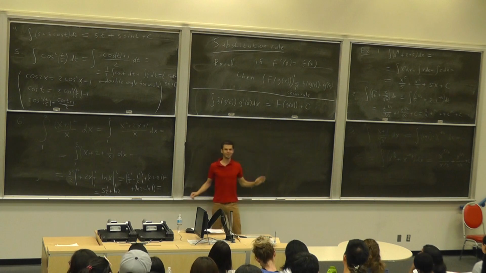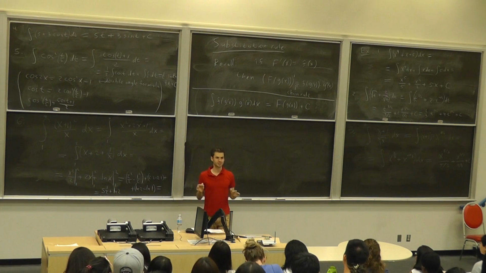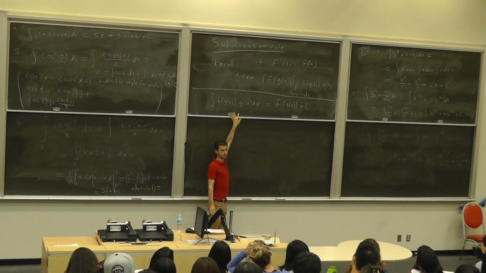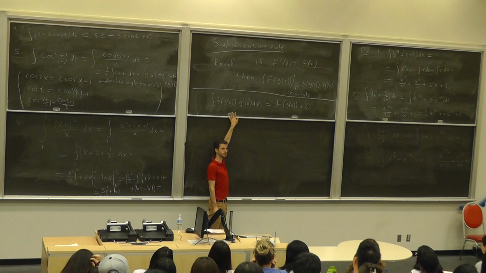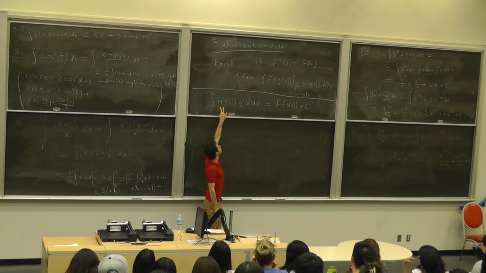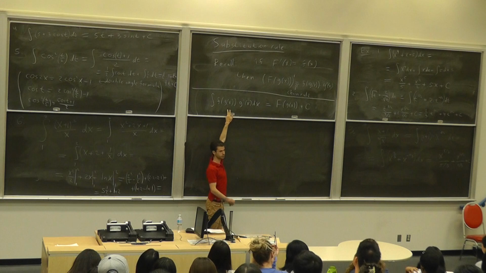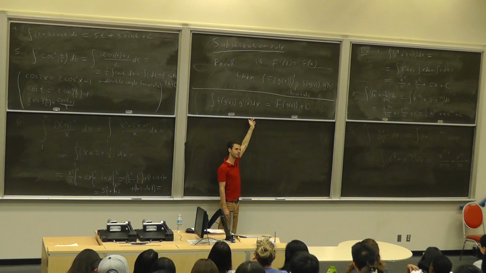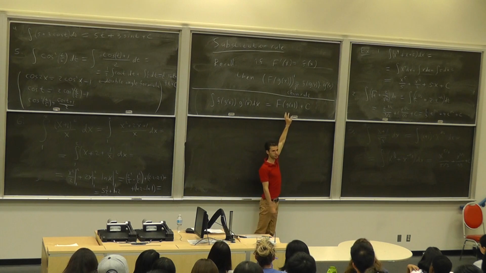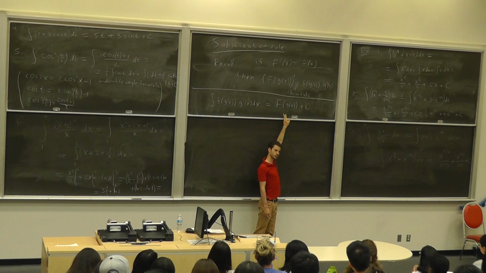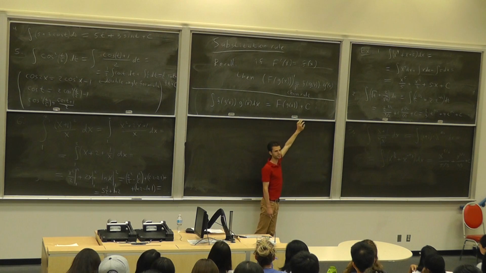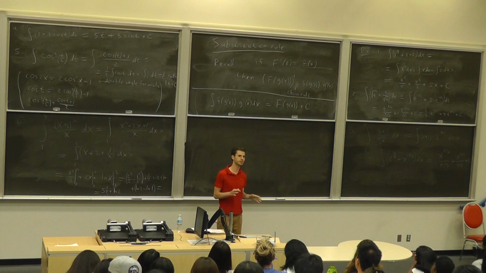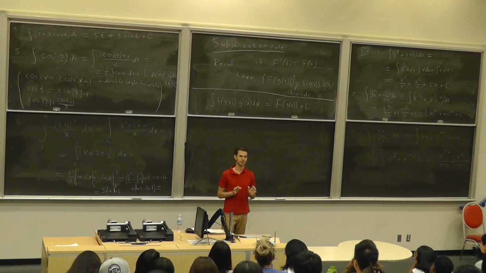Now this rule sounds pretty complicated. If you want to integrate a function which happens to match this particular pattern, the value of some function at g of x times the derivative of g, then you just evaluate the antiderivative of the function f at the point g of x. So for now, this rule tells you some information, but it's pretty complicated.